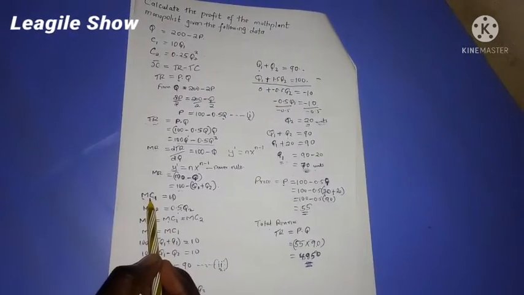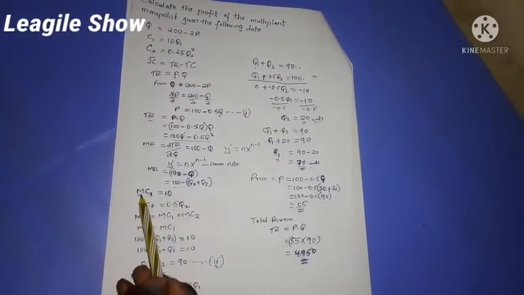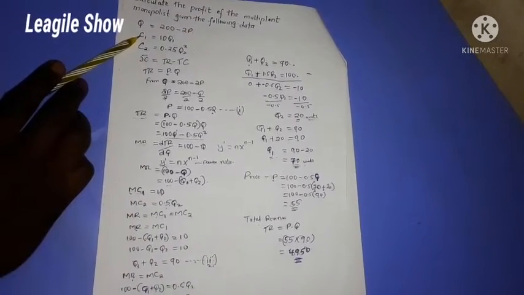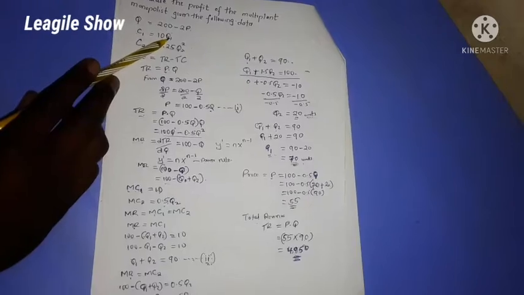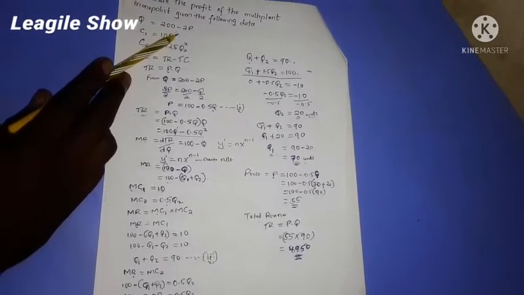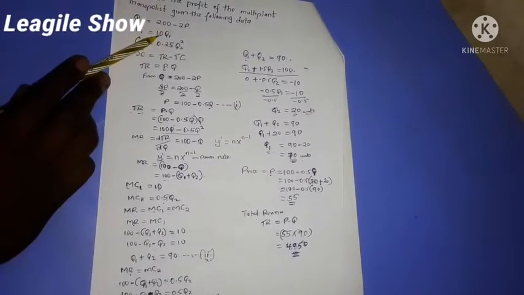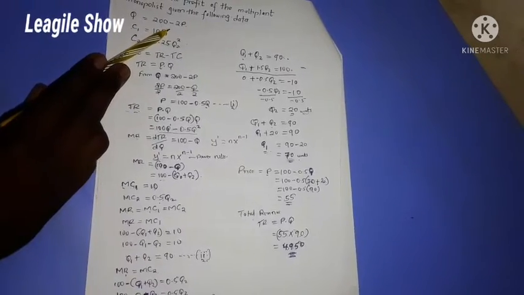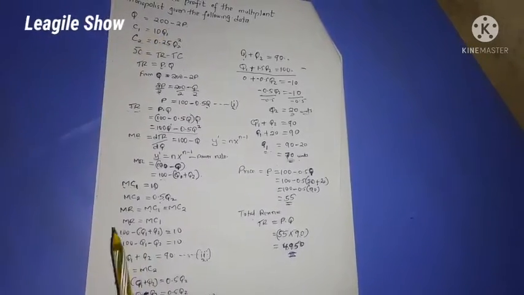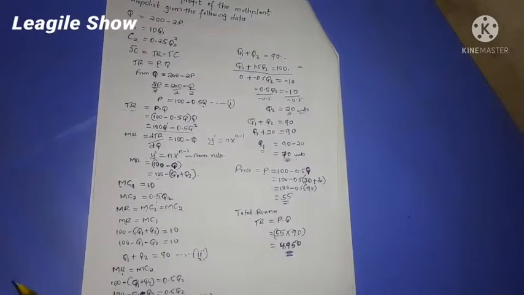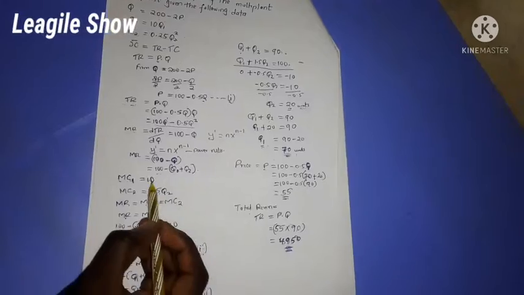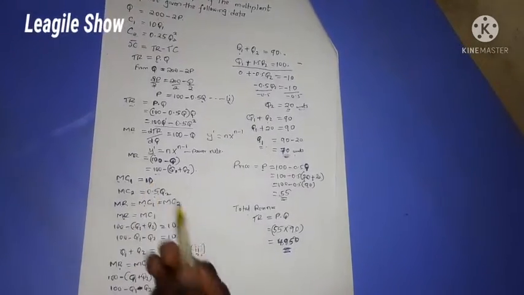Then we'll be required to calculate the marginal cost of the first firm, and this is done by differentiating the cost function for the first firm, which was 10q. Remember, q is raised to power 1 here, so 1 times 10 is 10. Then q raised to power 1 minus 1 becomes q to the 0, and a number raised to 0 is just 1. So we'll be having 10.